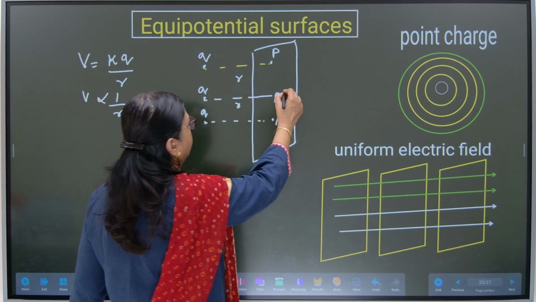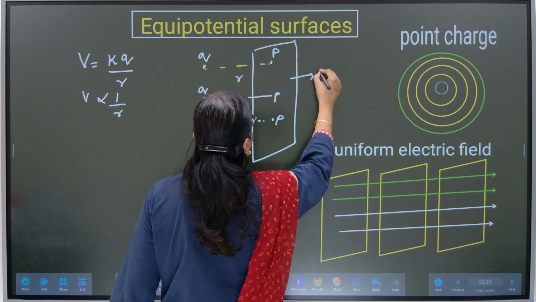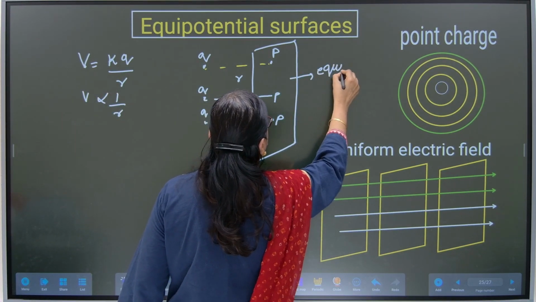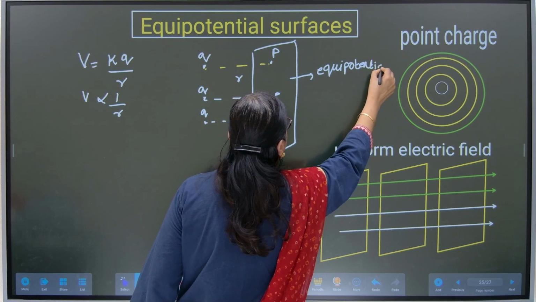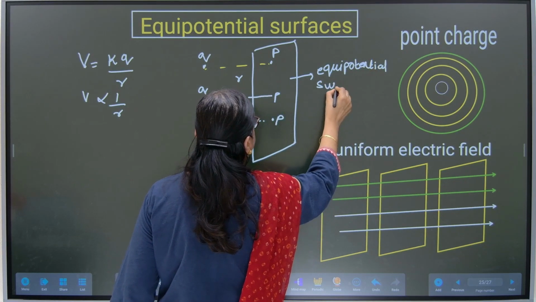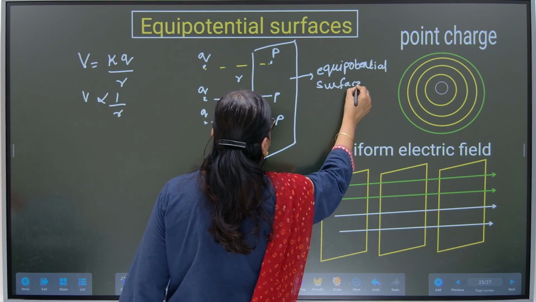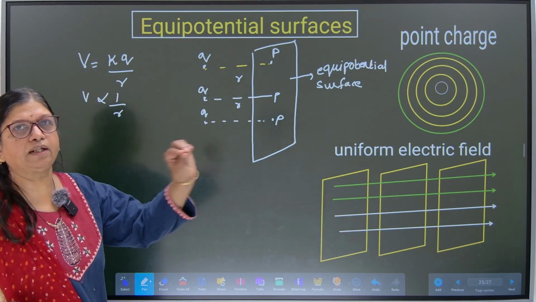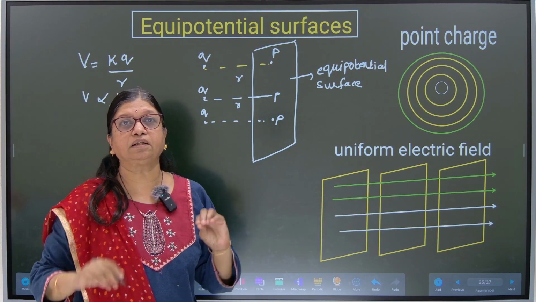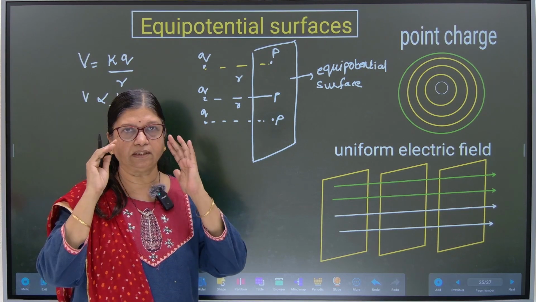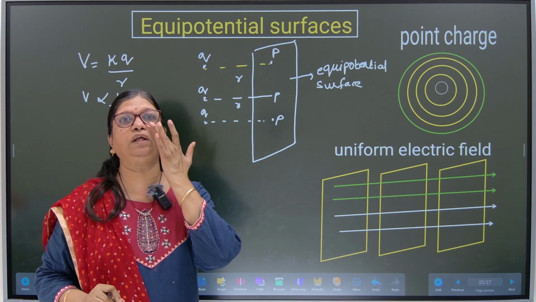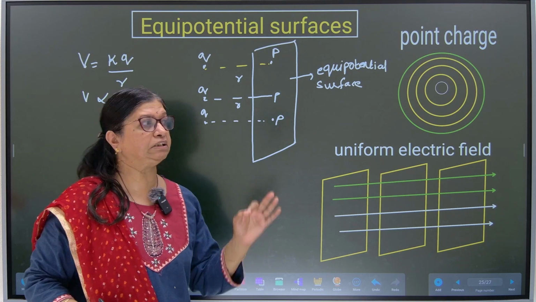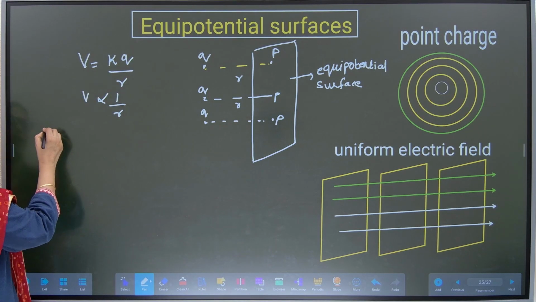So this surface is said to be an equipotential surface. Okay, so what are the concepts or the points which we have to remember given that we have an equipotential surface? Let us just note down.